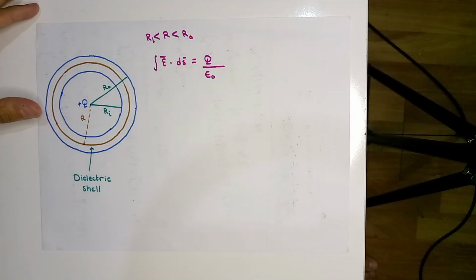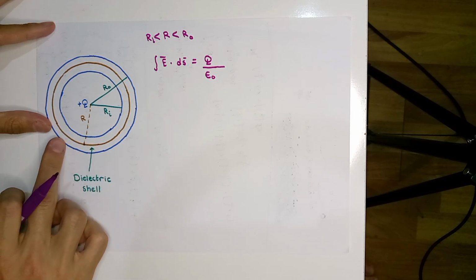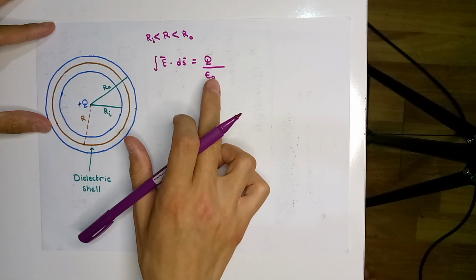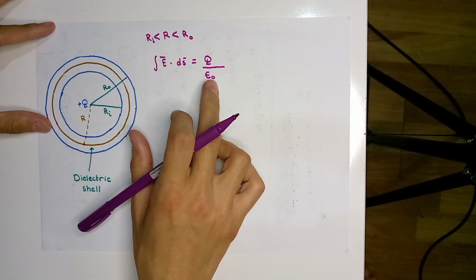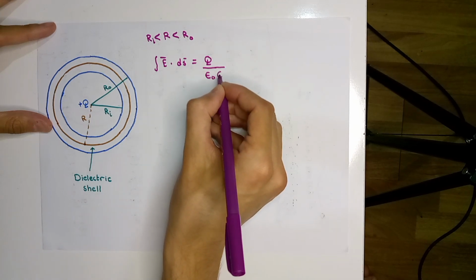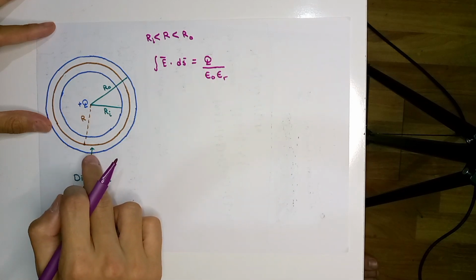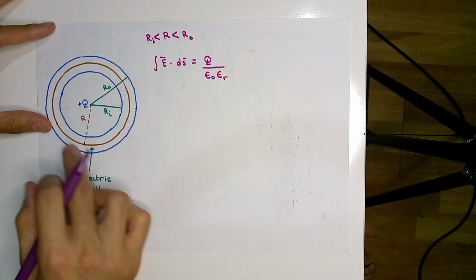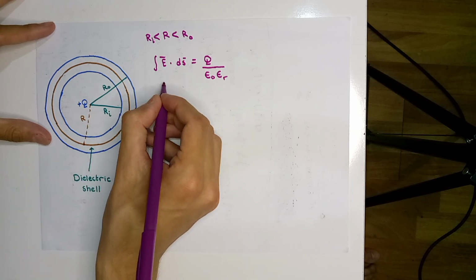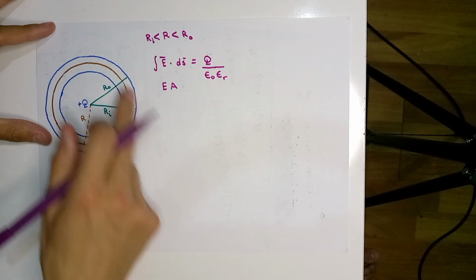but notice that in this context this region is dielectric. It's not free space, so the permittivity here is not only the permittivity of free space. We must have the relative permittivity, or the dielectric constant, for this material. This integral will yield E times the area of this Gaussian surface.